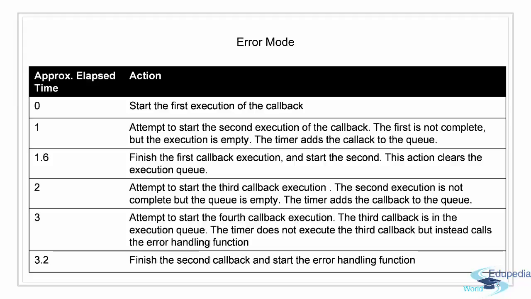But the second callback execution is already in progress and the third callback execution is in the queue, so the queue is not empty. The timer will not execute the callback in the queue, but instead will call the error handling function. At 3.2 seconds, the second callback will finish, and at this point the error handling function will start to execute.